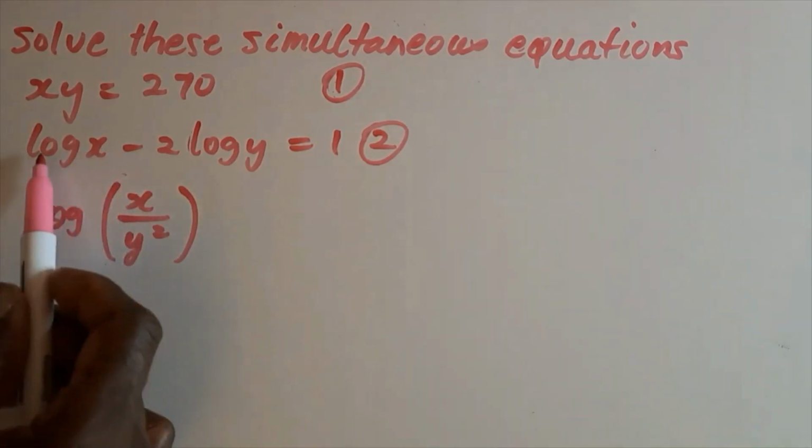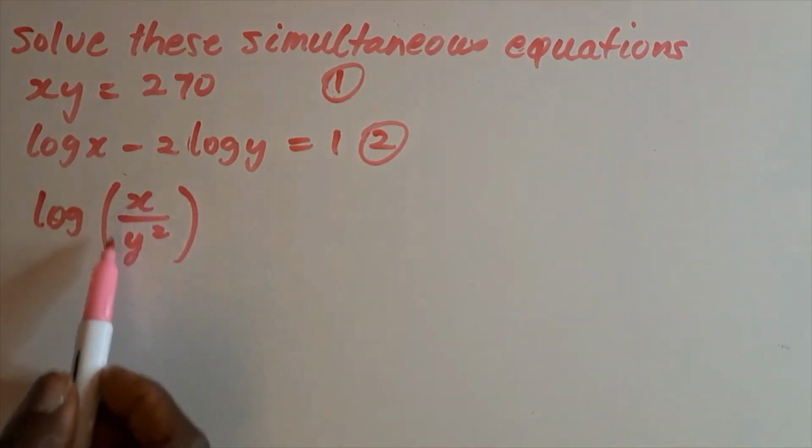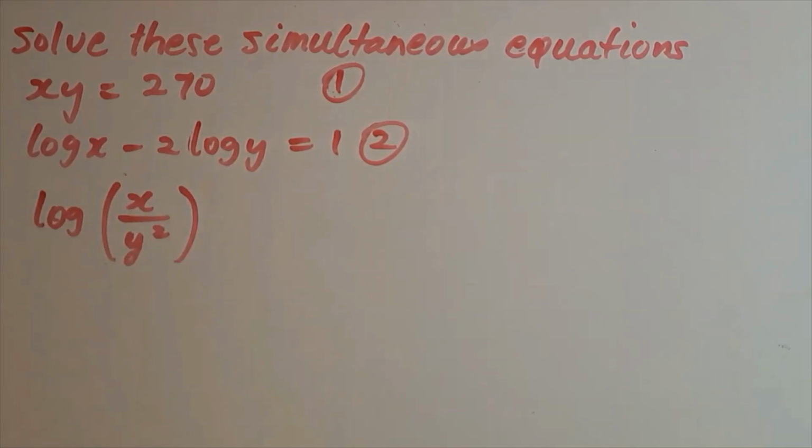The negative sign between this log and this log allows us to write it as a division. That's rule 2 of logarithms. If you look at my previous videos, I explain and give an example of the use of rule 2.